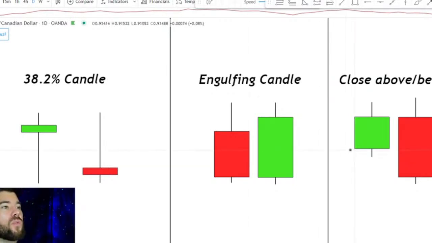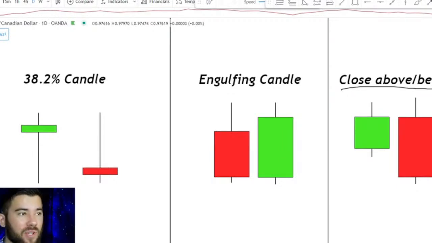So next up, we have the close above and close below candle. Again, all of these candles are used in the same way. They're all either going to be used to help you identify reversals, market sentiment, or help you enter on trend continuation trades. Here we have the close above and close below candle. Pretty self-explanatory.